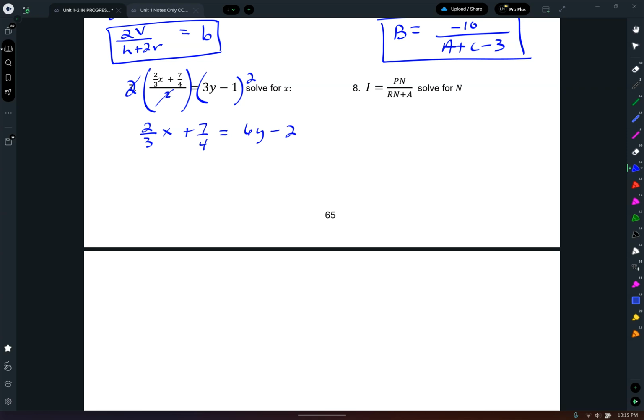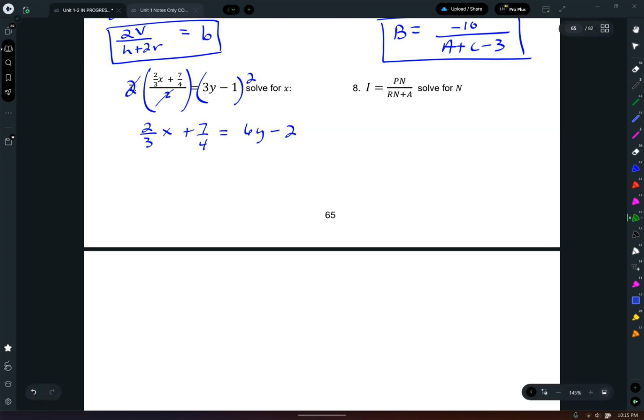Next, so I'm trying to solve for x. I don't really like the fractions. I think what I'm going to do is multiply all the way across. Do I want to do this? Yeah, I do. I'm going to multiply all across by 12. That'll get rid of all my fractions. So I'm going to multiply every single term by 12.